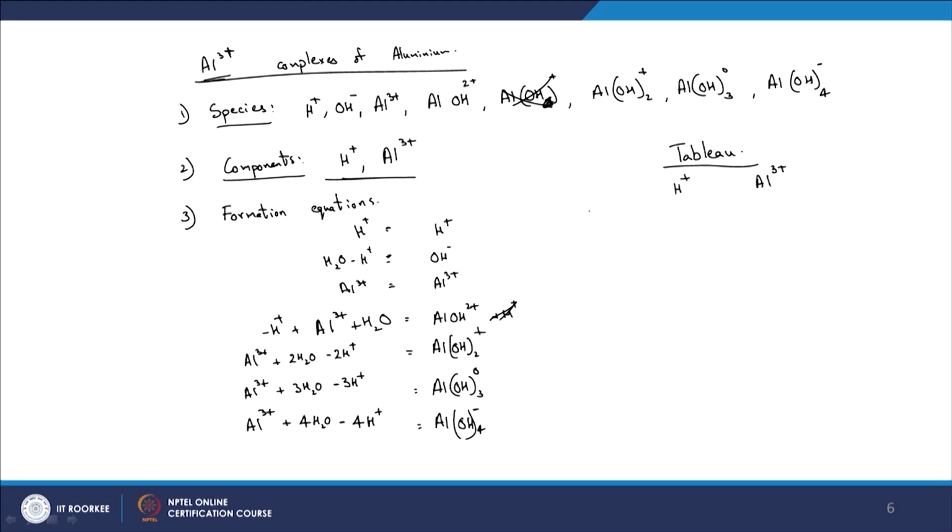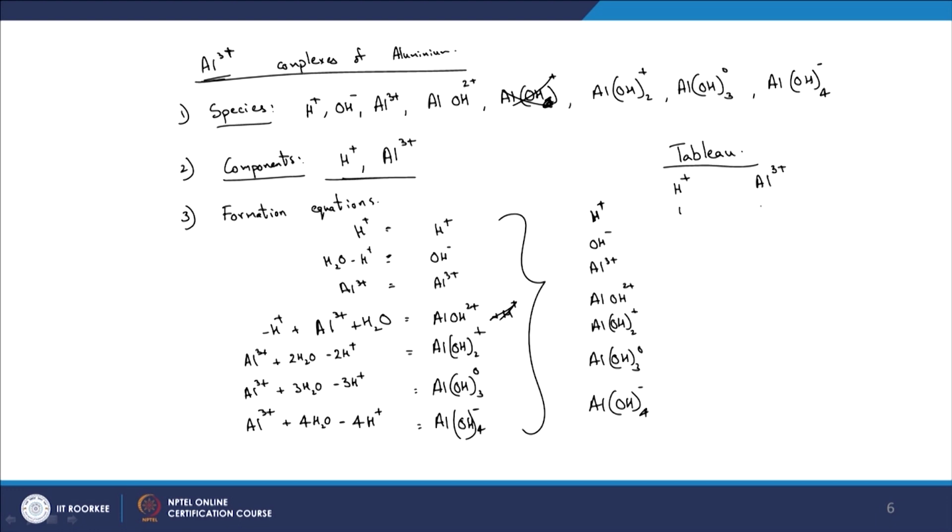Then I am going to list all the species as different rows: H plus, OH minus, Al3 plus, AlOH 2 plus, AlOH twice plus, AlOH thrice, and AlOH 4 with 1 negative charge. So from these formation equations I can obviously come up with my particular tableau.